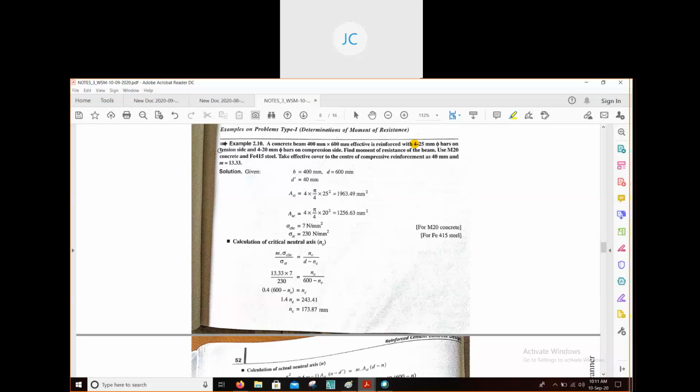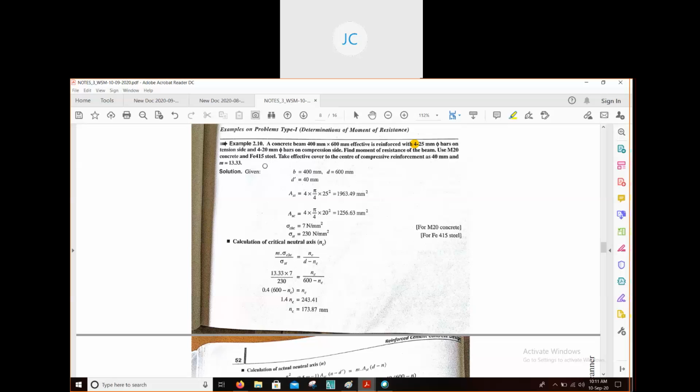That means at the bottom of the section you are providing 4 bars of 25 millimeter diameter, and 4 bars of 20 millimeter diameter on the compression side, above the neutral axis. You are asked to find the moment of resistance of the beam.